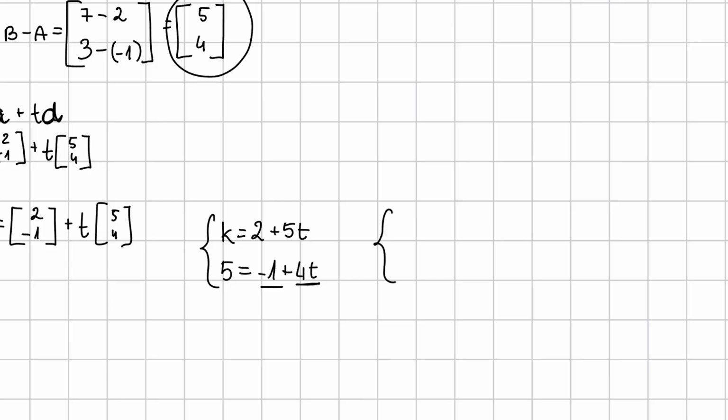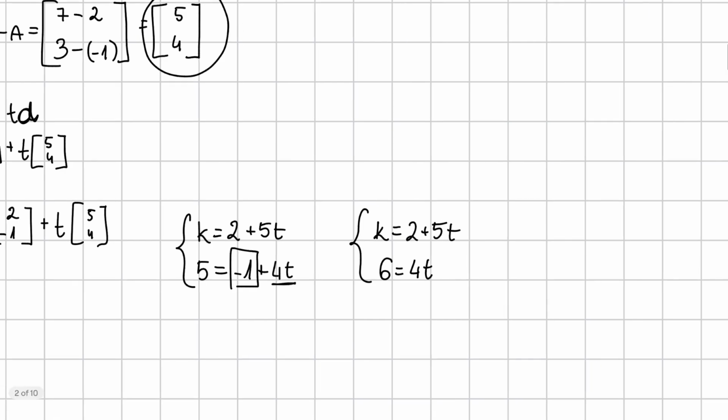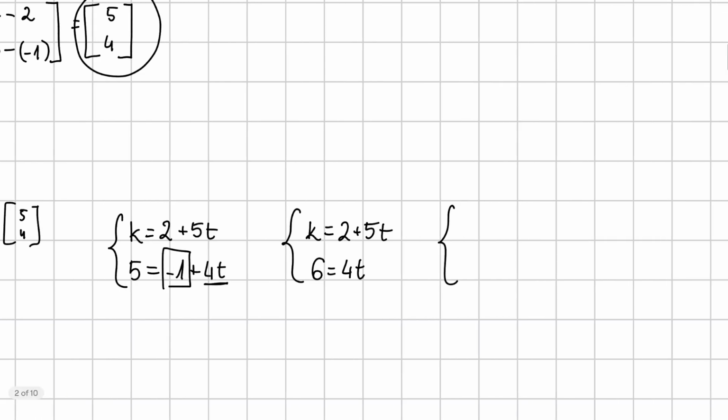However, we can also move our -1 from the right-hand side to the left-hand side, so we have 6 equals 4t, and the first equation stays the same. From the second equation we can divide both sides by 4, so we know that 6 over 4 is t.